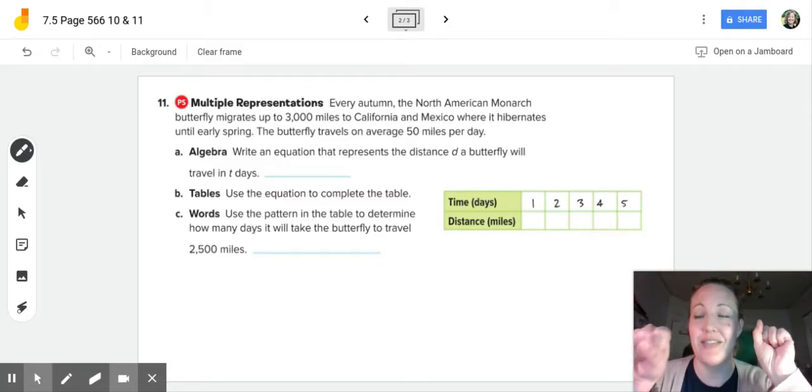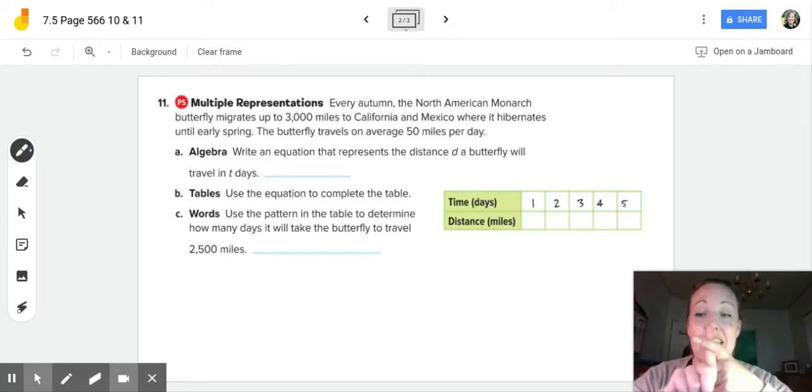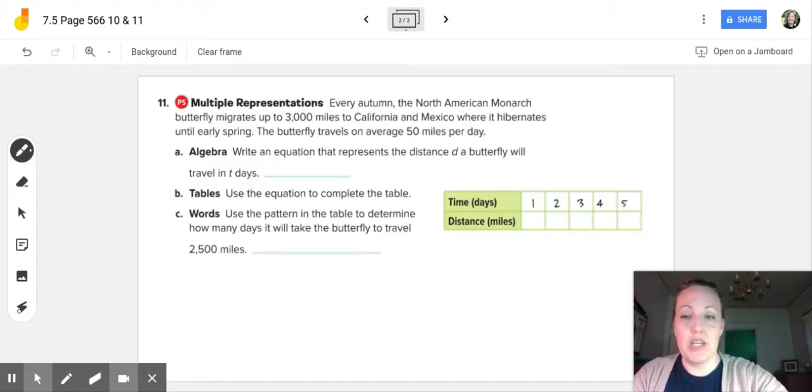I think these are pretty confusing because d doesn't represent days, it represents distance, and t represents days. I think that was a bad choice, but anyway, we'll go with it. So it's going to look like this: 50 miles.